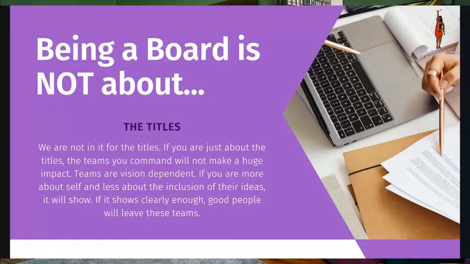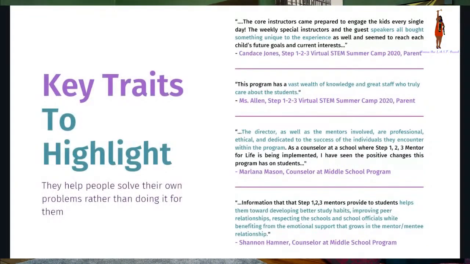There are very, very successful people that are not nice people to work with. I'm telling you, there are successful people that are not nice people to work with, okay? Do y'all remember the reviews y'all just saw? Do you want reviews about good people, unique experiences, great staff, dedication, ethical?